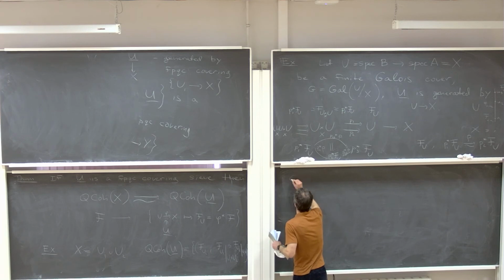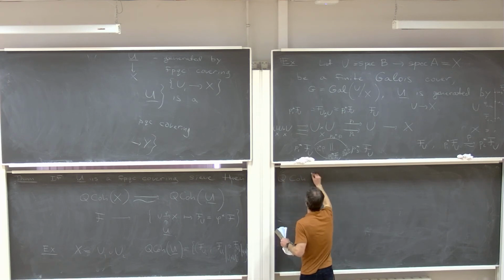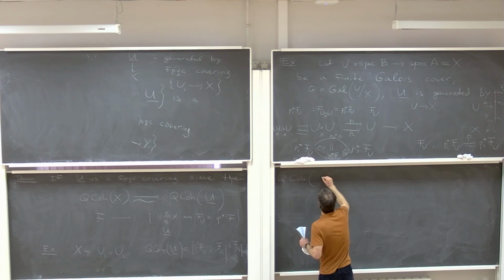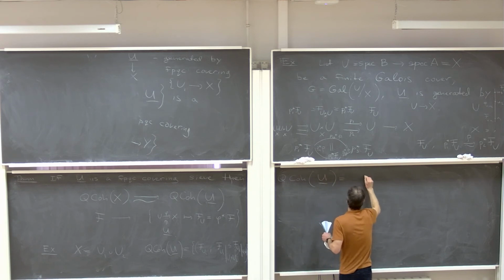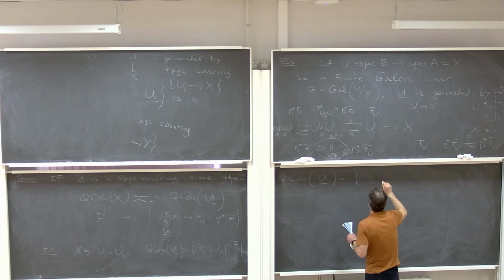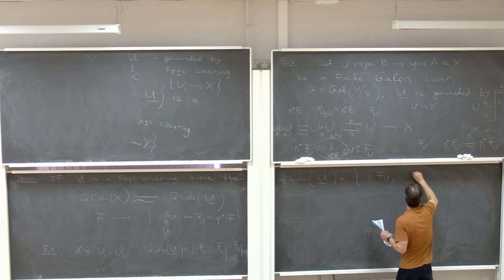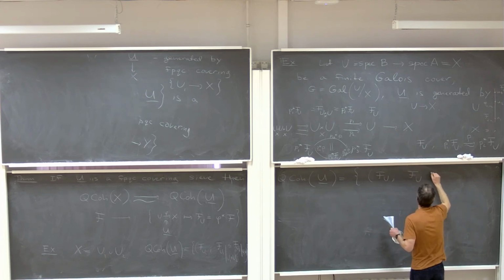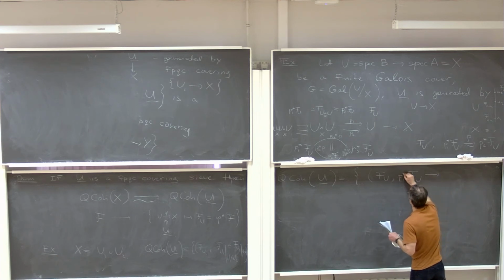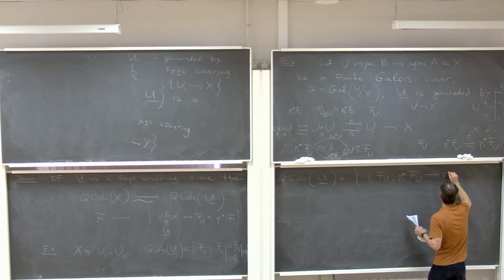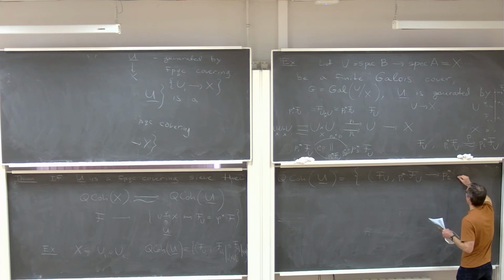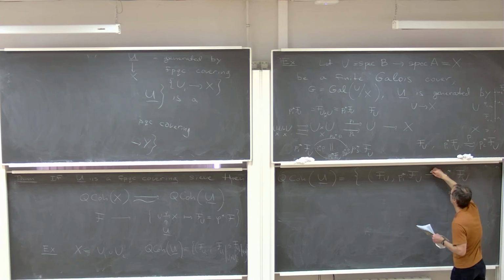So quasi-coherent sheaves on U is just the category of triples. Well, pairs rather. So it's F_U, F_U, and an isomorphism ρ between these two guys. This is an isomorphism of quasi-coherent sheaves on U times U, and this is ρ.